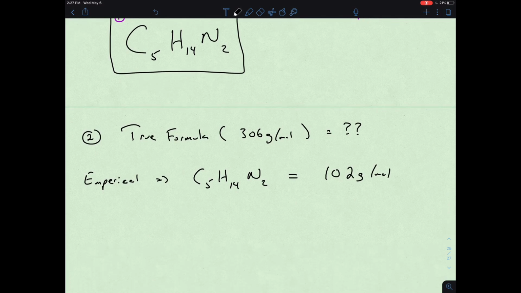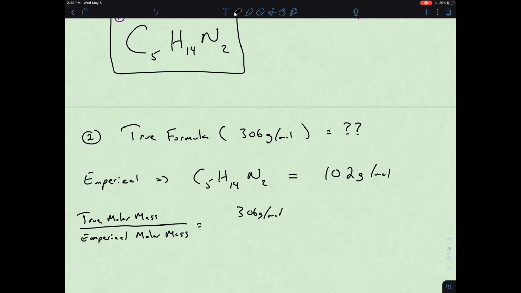So I want to set up that ratio of the empirical molar mass and the true molar mass. So we have our true molar mass of 306. We have our empirical of 102. And the ratio is basically 3 to 1.